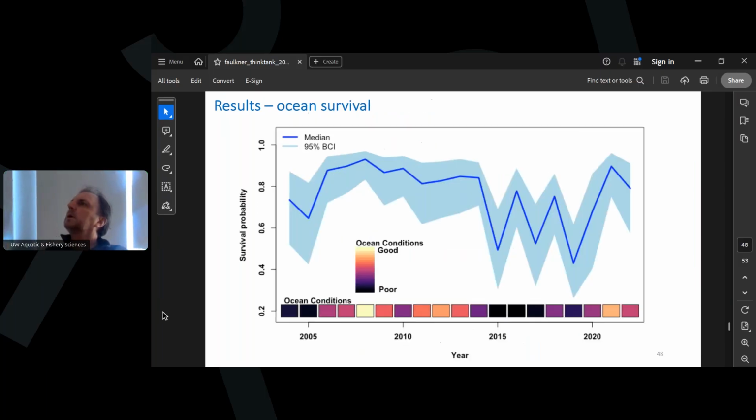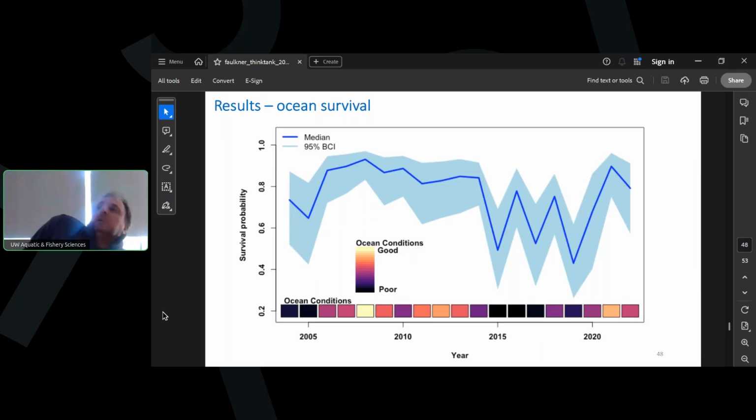Okay, and then this is the predicted ocean survival for each particular year. Again, putting those ocean conditions below, you can see, because we only went through 2019 for the previous plot, this has those remaining ocean years, which got better.